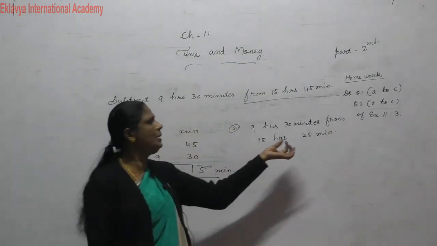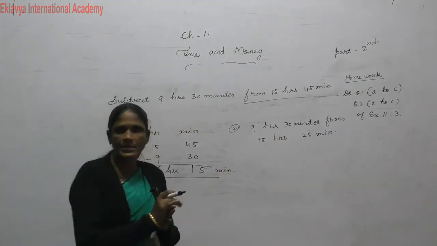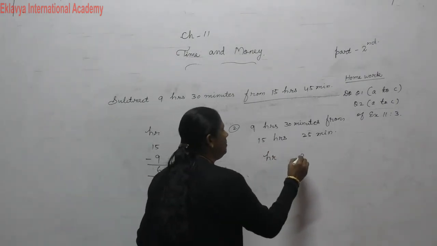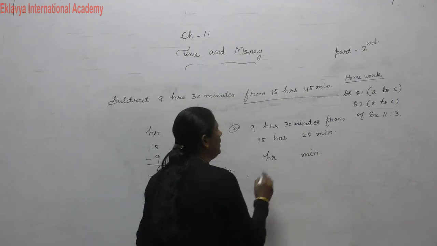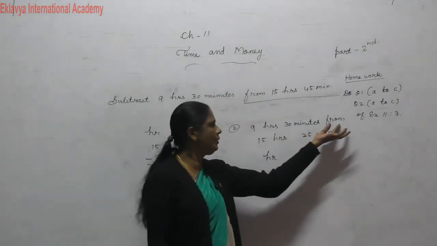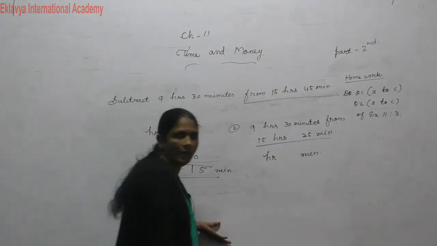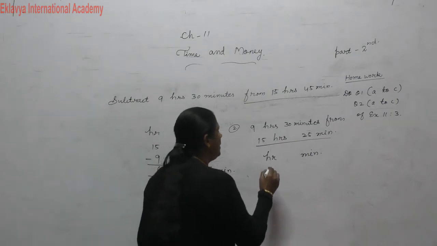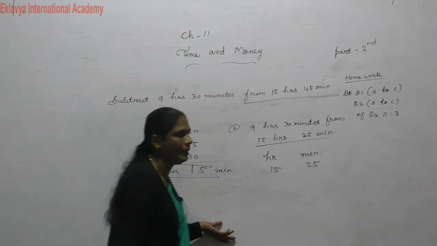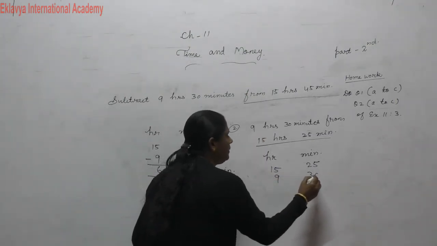I change it in the minute column. Then first we arrange it in columns of hour and minute. Then which word comes in the question? "From" comes in the question. Therefore, you write the second number first. Here 15 hours, here 25 minutes. Okay. Next 9, then 30.